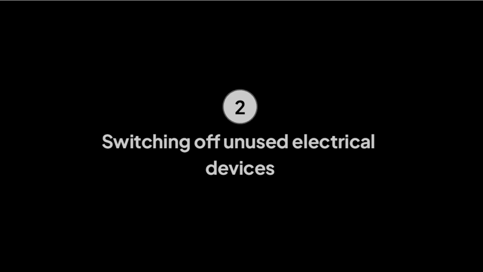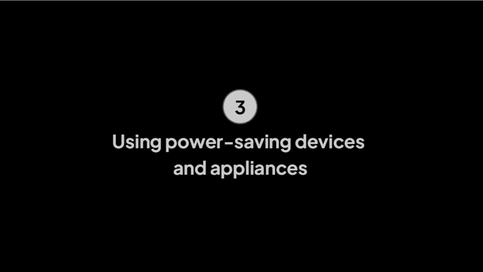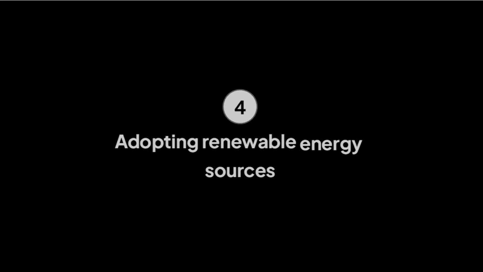Power-saving devices. Switching entirely to power-saving equipment, such as using LED bulbs and high-star rated appliances. 4. Renewable energy adoption. Progressively shifting our dependency away from polluting fossil fuels and opting for non-conventional resources like solar panels.